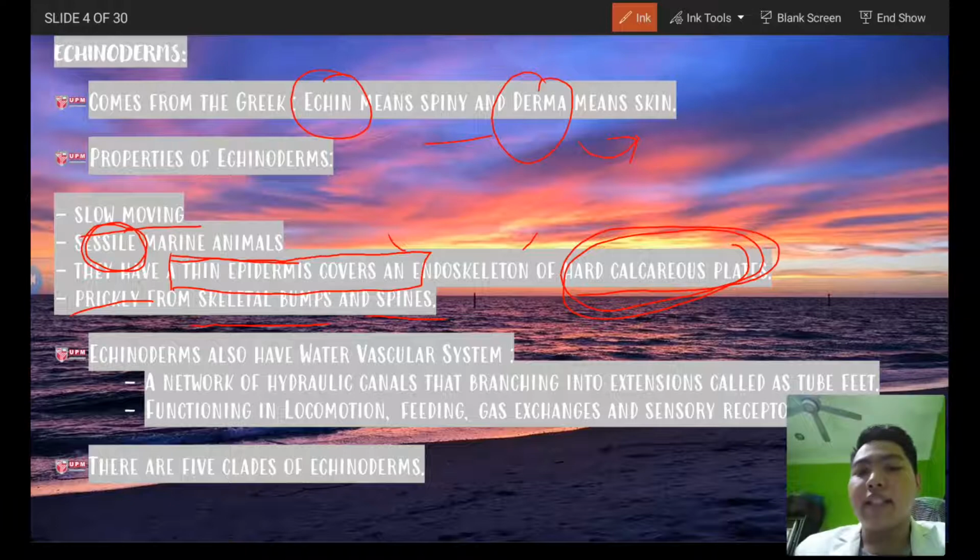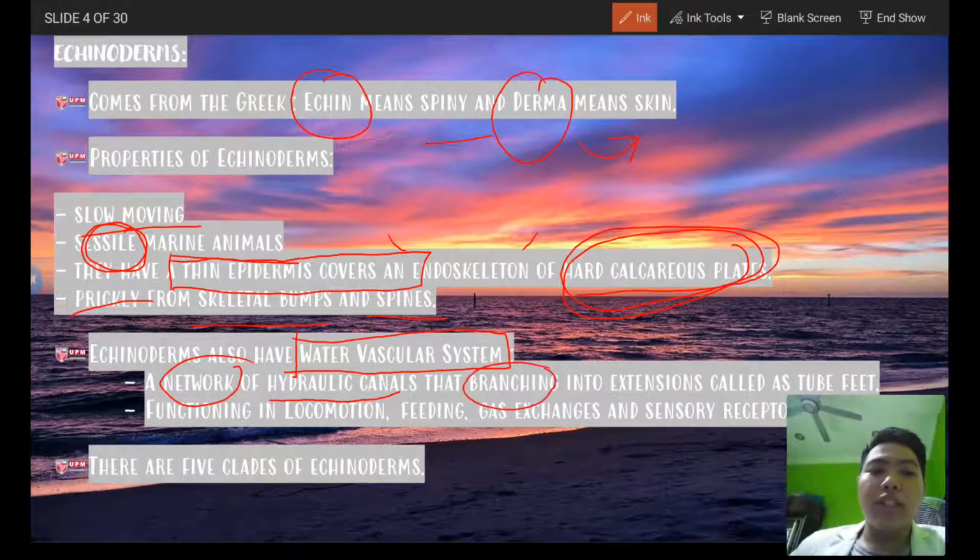Next is the specialty, the unique feature of the echinoderms. Echinoderms have what we call the water vascular system. Only echinoderms have this. So what is the water vascular system? The water vascular system is a network of hydraulic canals branching into extensions called tube feet.